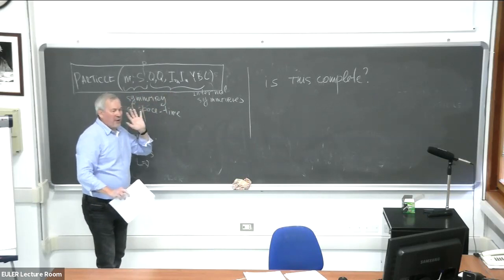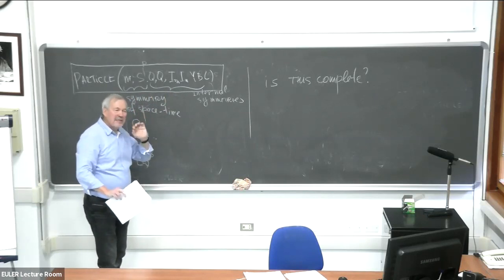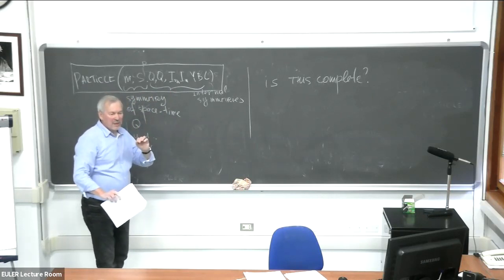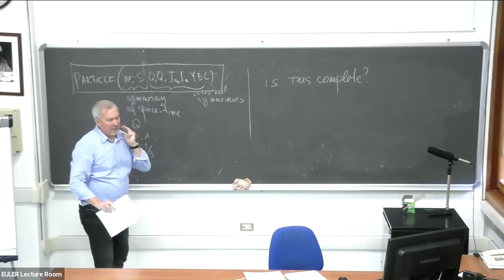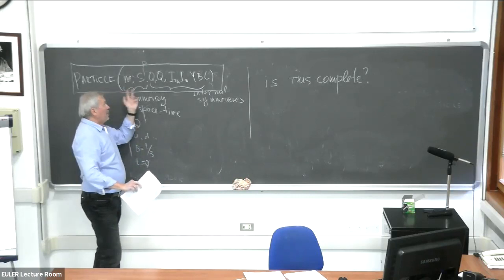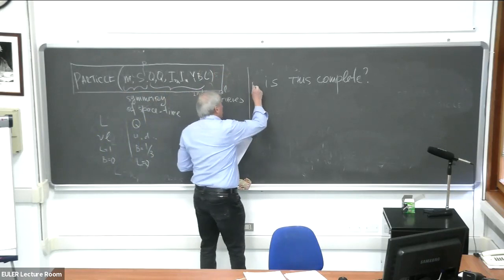Although, for instance, we are probably still missing so-called flavor physics, which I will discuss later. Maybe there are some other quantum numbers which are responsible for flavor physics, some physics which actually distinguishes, say, electron from muon or tau lepton. We don't know what is really the deep difference apart from mass. And maybe we need to add some more quantum numbers here to describe this flavor physics. So this is the first question.